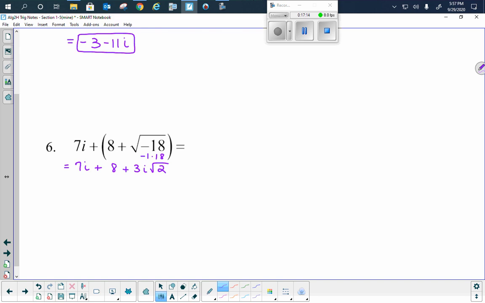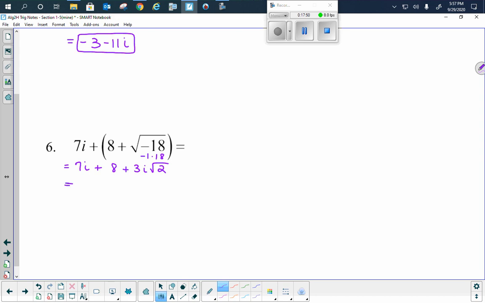All right, well, we asked you to write this in A plus Bi form. And hopefully you agree that these are not like terms, okay? Or I should say those two are like terms because they both have an i in front of them, but they are not like terms in the fact that they're going to add together, right? Just like a 7 and a plus a root 2 don't go together. It ends up 7 plus root 2. But let's go ahead and get it in the right form. So we asked you for it to be in A plus Bi form.